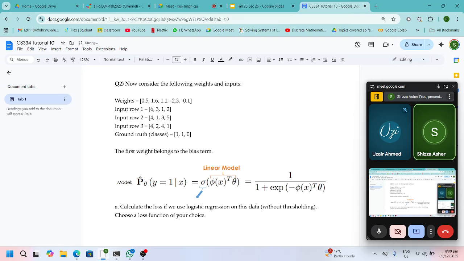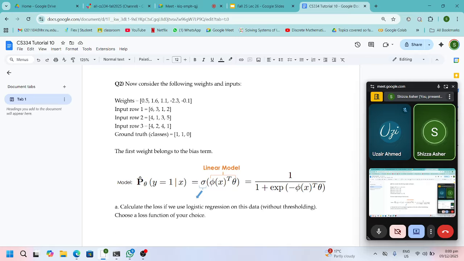You are going to be using this over here. You're required to calculate the loss if you use logistic regression on this data. Without thresholding. Thresholding में आप different thresholds लगा के देखते हैं whether you're gonna count your value as positive or as negative. I will show you later as well.